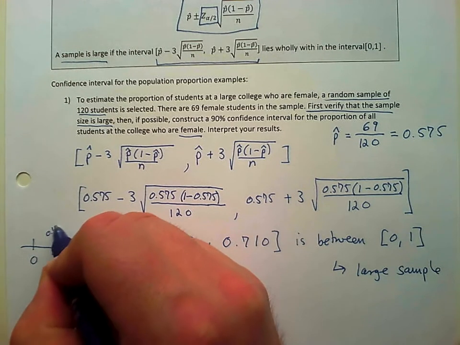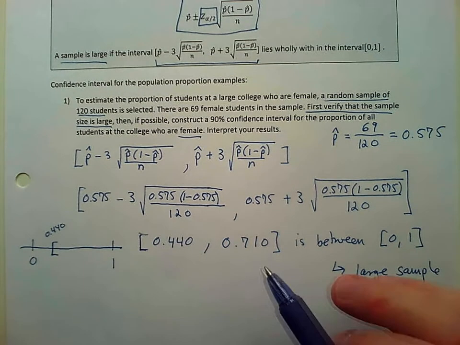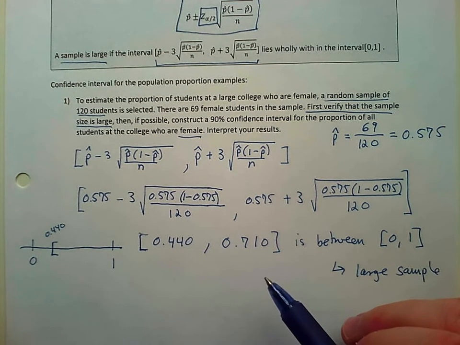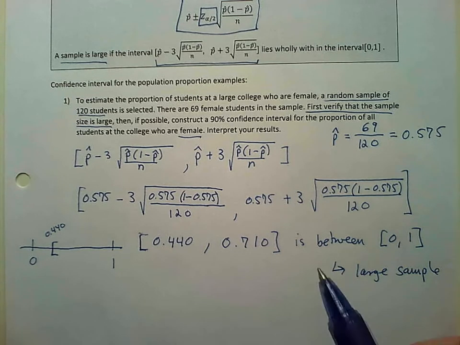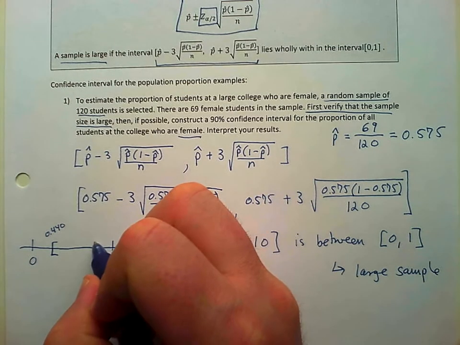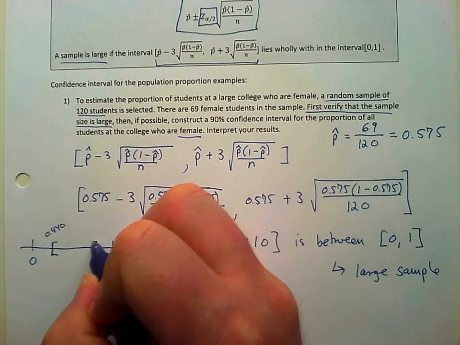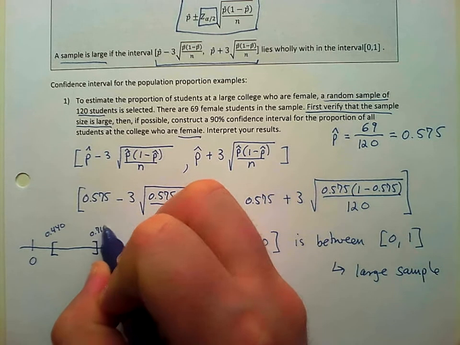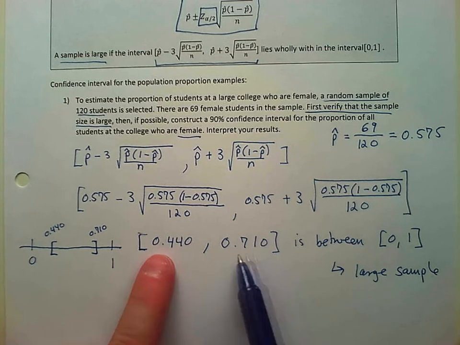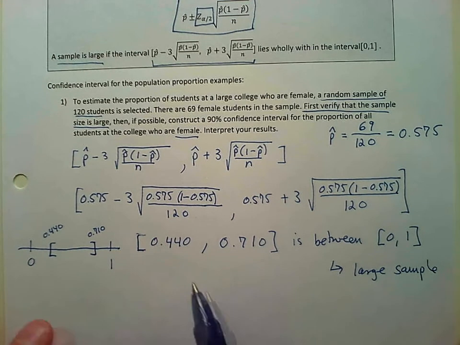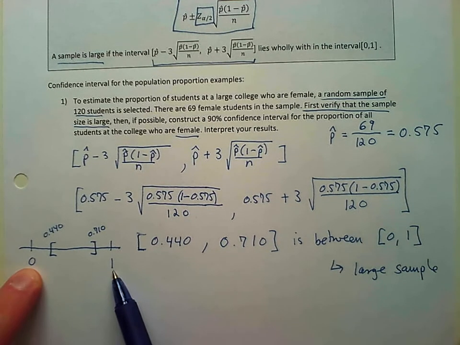So this right here is 0.440. If I wanted to mark down where 0.710 is, where would I mark it? Well, 0.710 is still between 0 and 1, so my upper bound might be somewhere right over here. This is 0.710. So therefore the interval that we just calculated out is between 0 and 1.